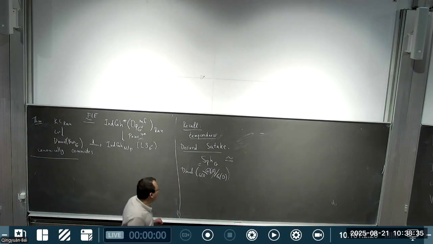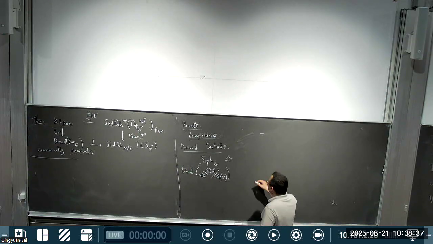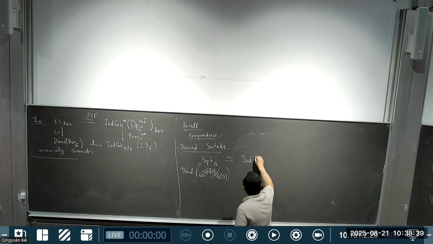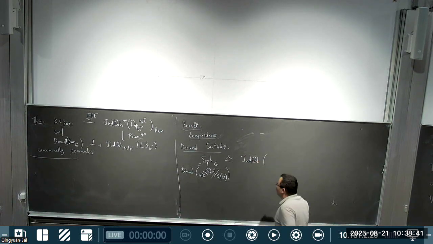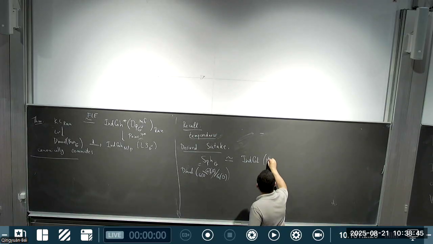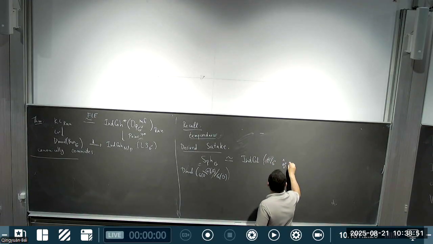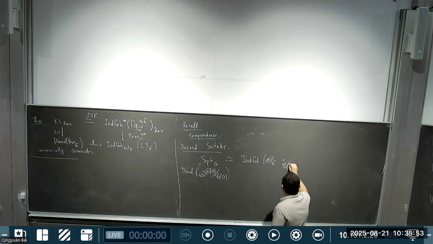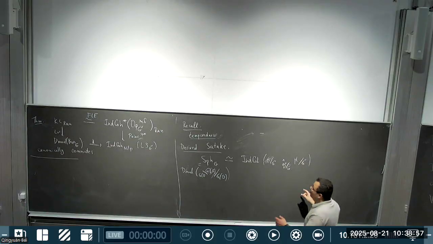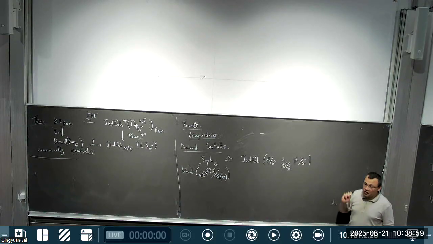It's the derived equivariant category of that Bressonian. So this is equivalent to the category on a point, where the monoidal structure here is given by convolution.